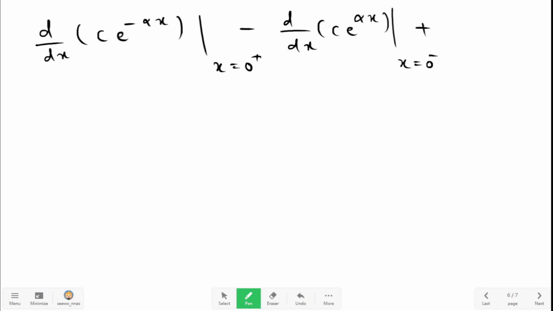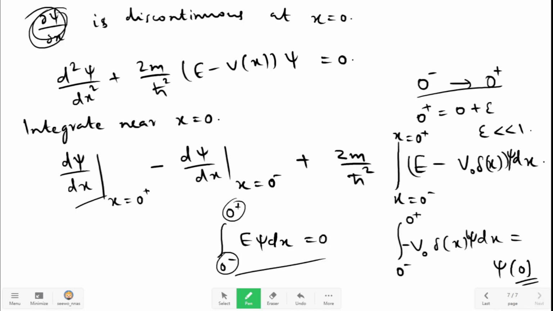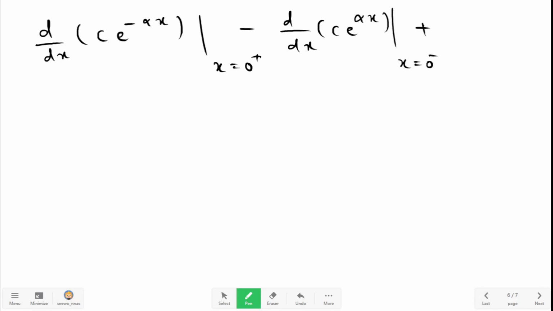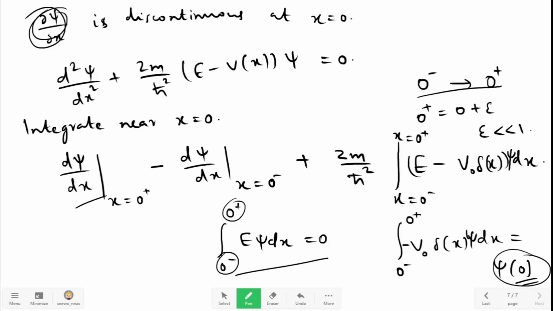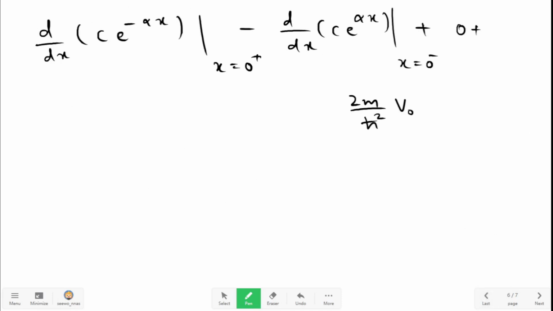When you do this integration, that term is 0, but from the second integration you have psi of 0. So this is 0 plus 2m upon h bar square, which is outside, times v naught with a minus sign. So there is minus v naught also here, minus v naught times psi of 0, and this is equal to 0.